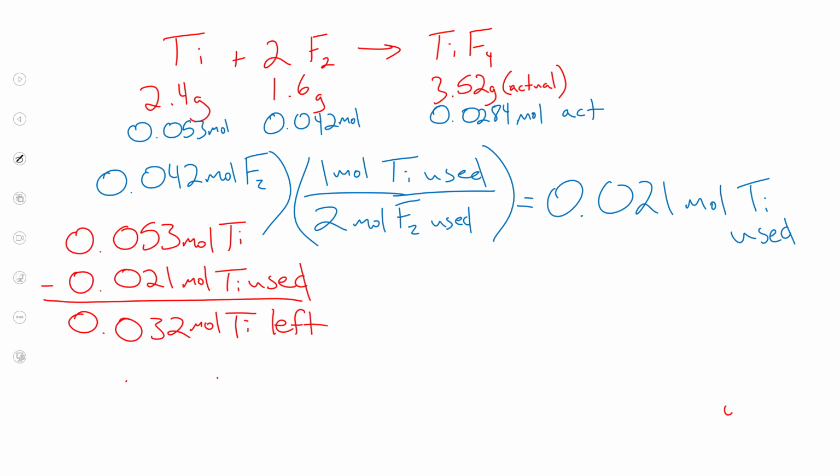So we just answered the first two pieces here, right? We figured out what runs out first, and we figured out how much of the excess reactant is left over. If we want to know our theoretical yield, we've already got everything in moles, that's pretty easy too, right?